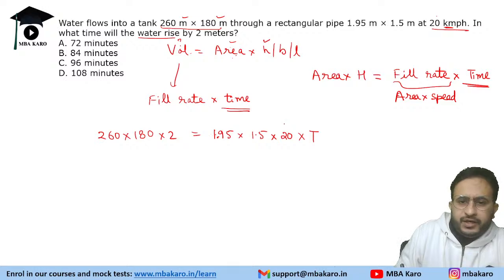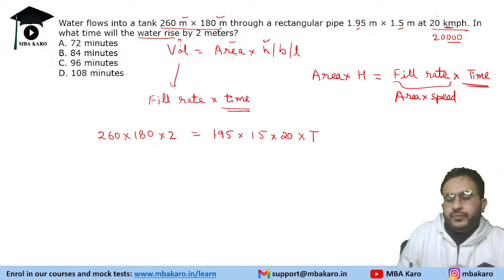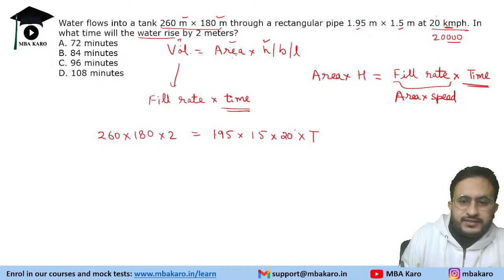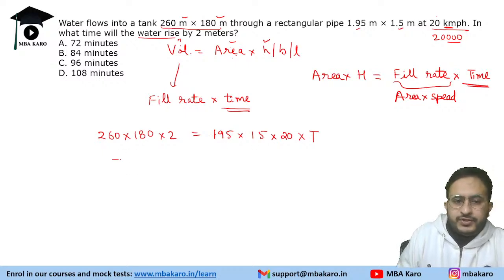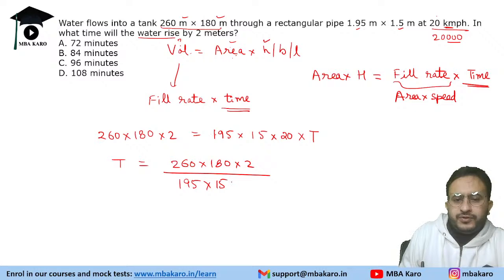Since it is 20,000 and we have three zeros, we can eliminate one decimal point and two decimal points. So we can put 195 into 15 into 20 into t. Simplifying this, we will get the equation like this. So t is basically 260 into 180 into 2 by 195 into 15 into 20.